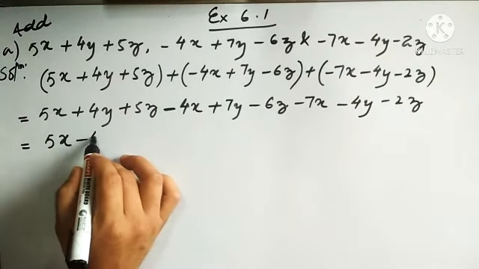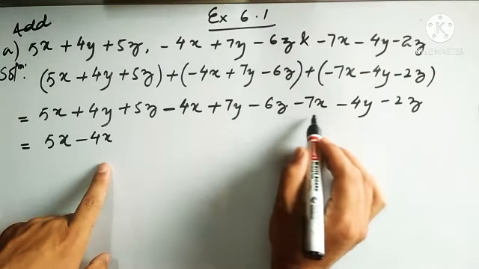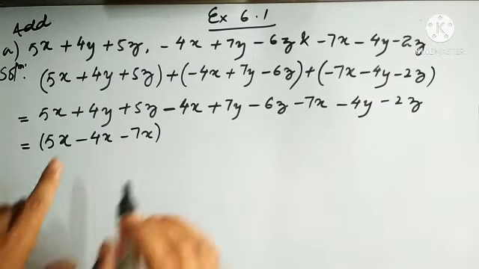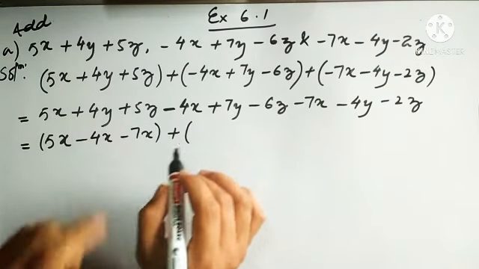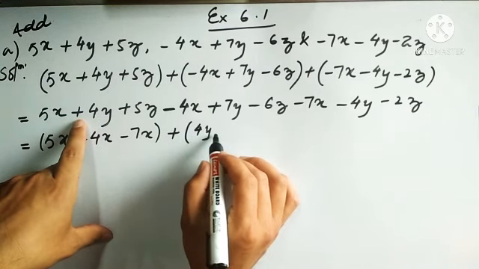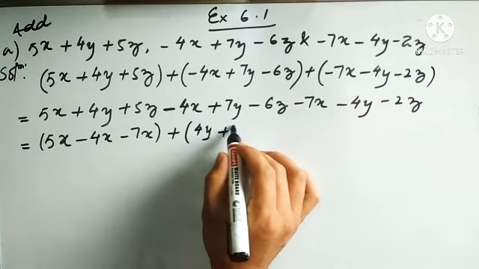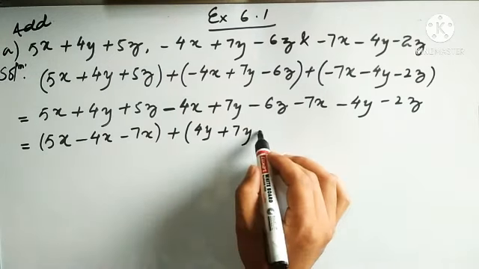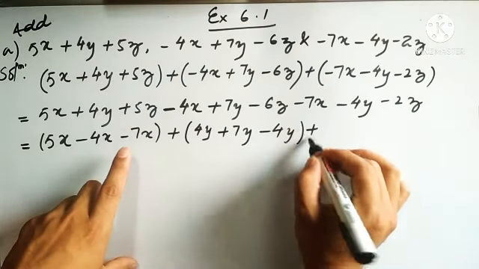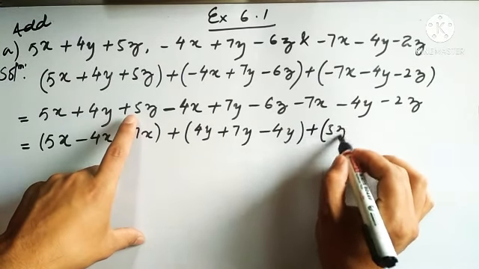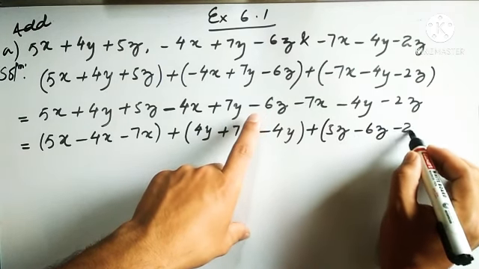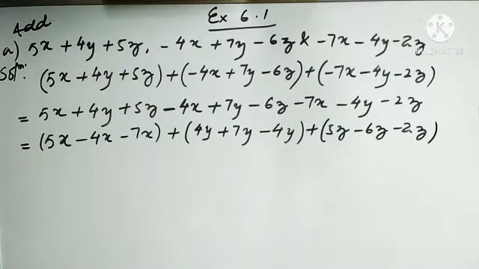Minus 4x should be brought here, and next we have minus 7x. This is one group. Next, I'll put plus 4y, plus 7y, and then minus 4y. Last we have 5z, and then minus 6z, then minus twice z.